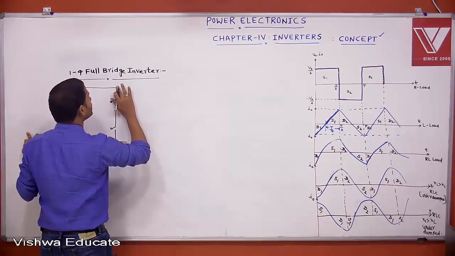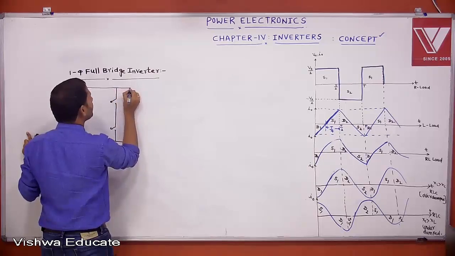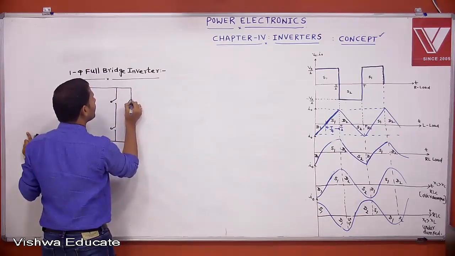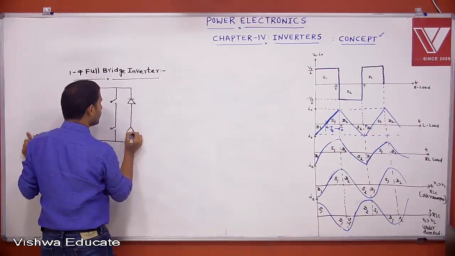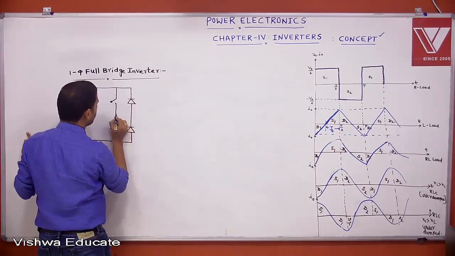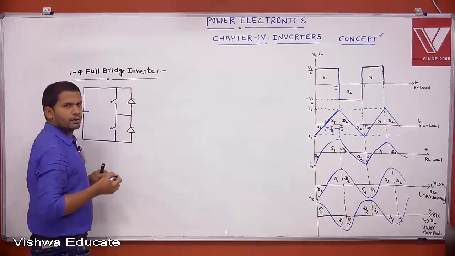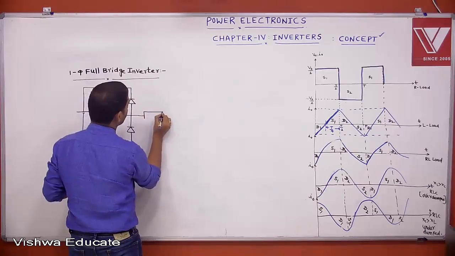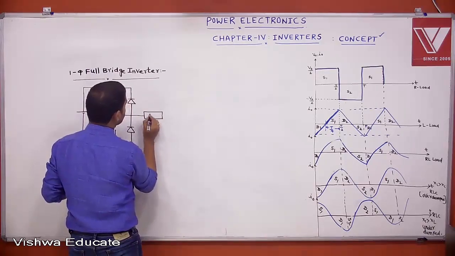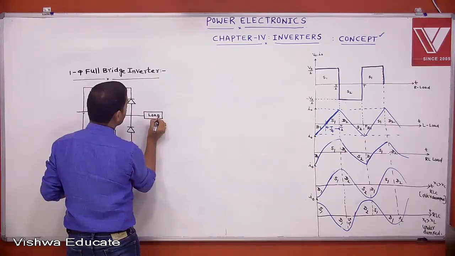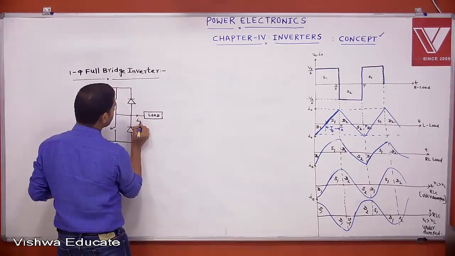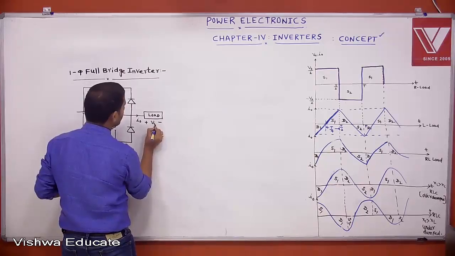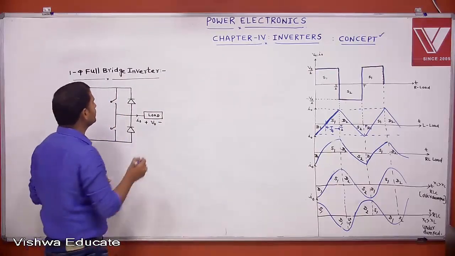This is the configuration we are using. We are connecting some load. This is the load current direction. This is the load voltage polarity.